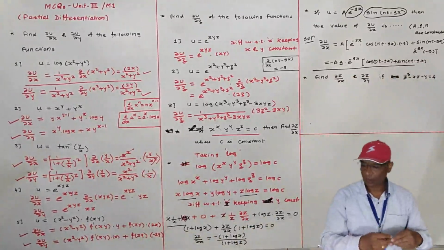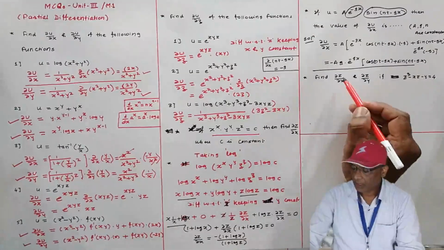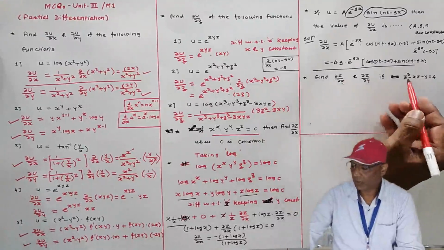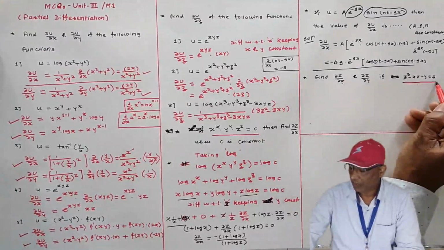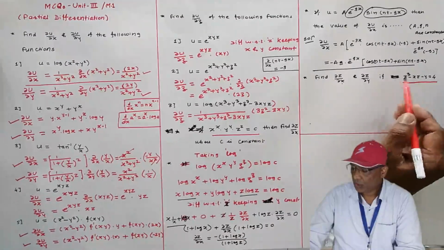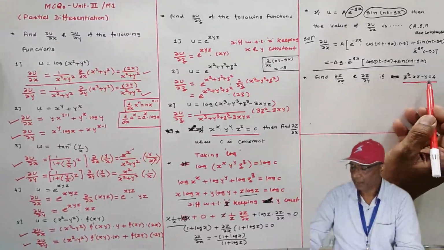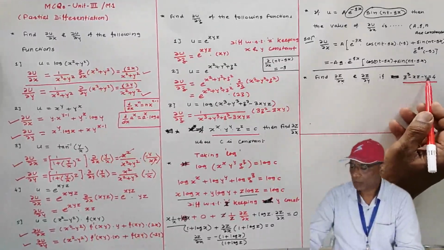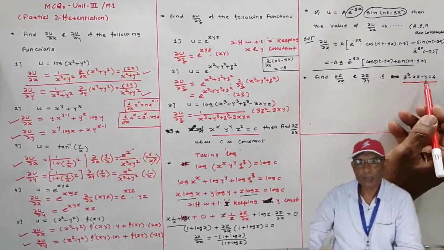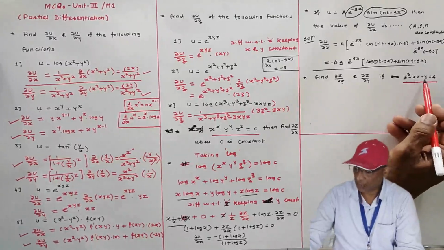Now here del z by del x and del z by del y are required to be found. Here again, z is not given in terms of x and y explicitly. This equation is given, but z is not expressed in terms of x and y explicitly. You can call it an implicit function also, implicit function of x, y, z.